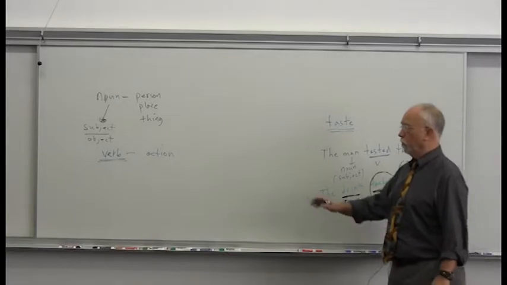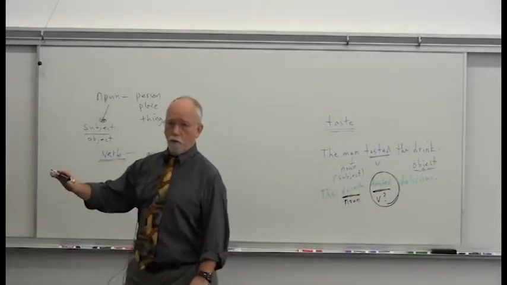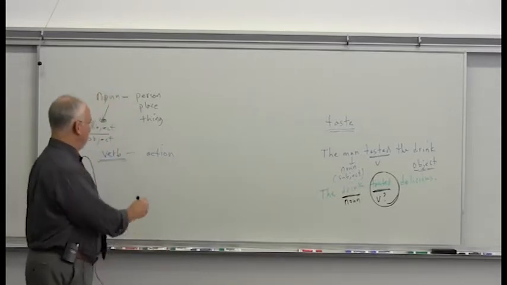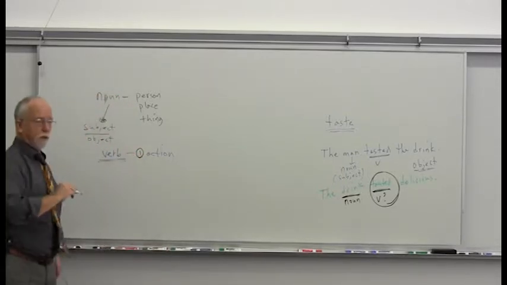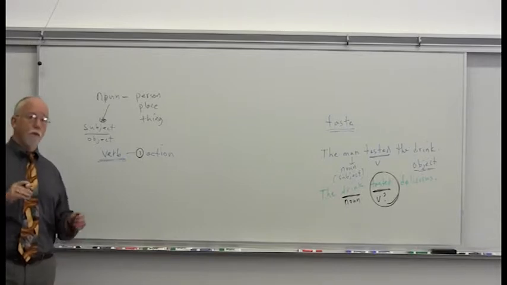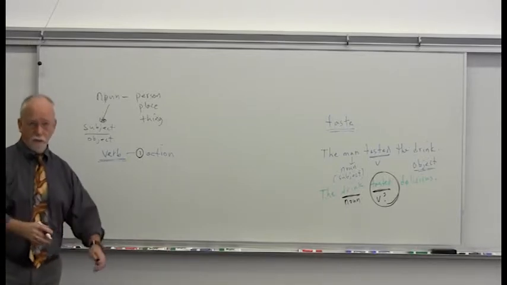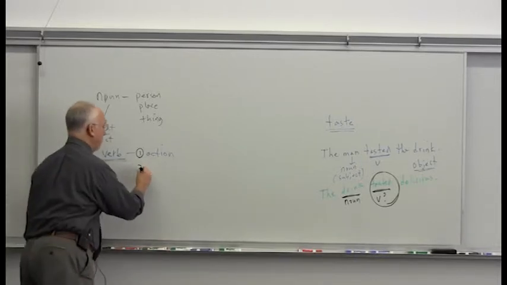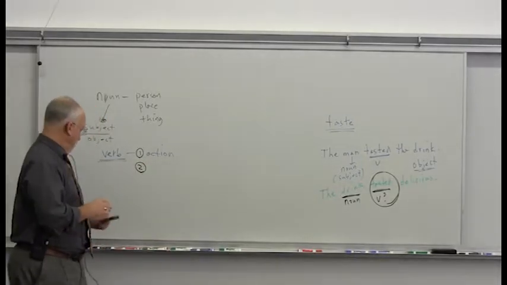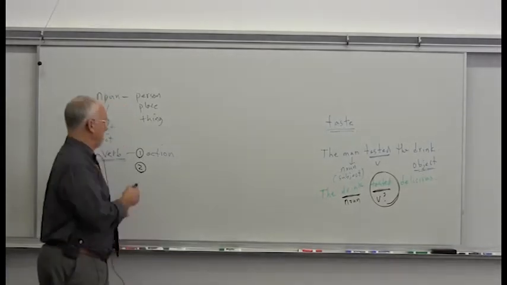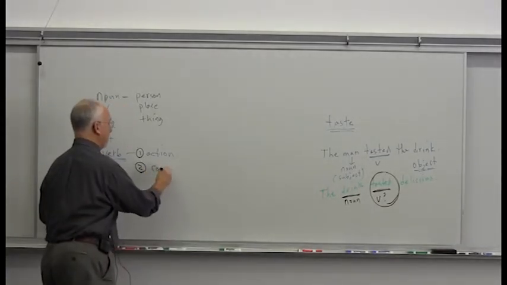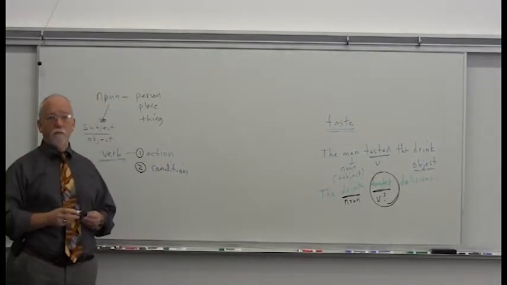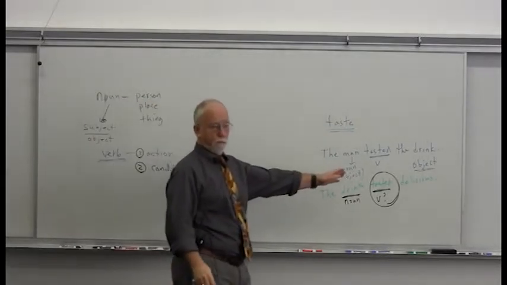So this is why, when we're talking about verbs, we have several different kinds of verbs. Yes, generally speaking, the verb is the word in the sentence that tells us the action that's going on most of the time. But a second kind of verb is a verb that shows condition, or some kind of state of being, which is what we have here.